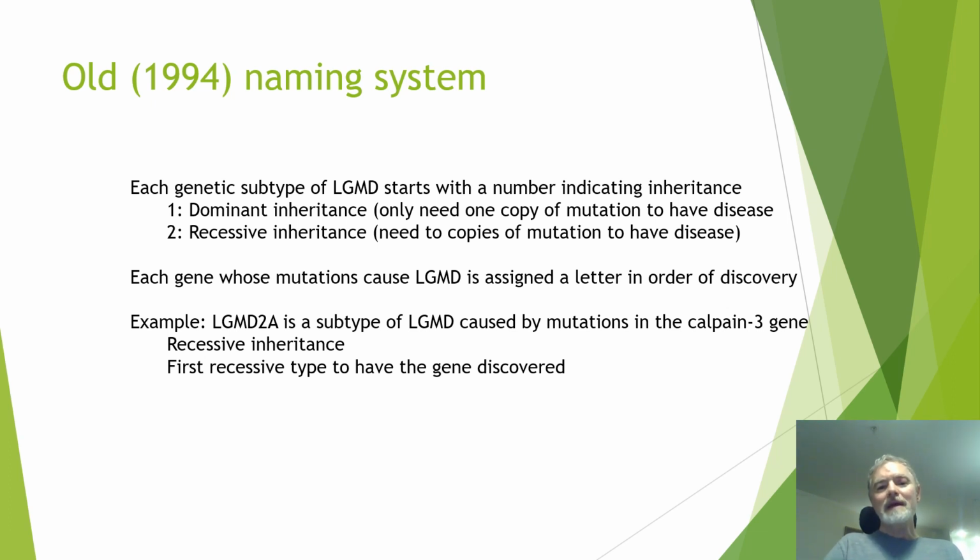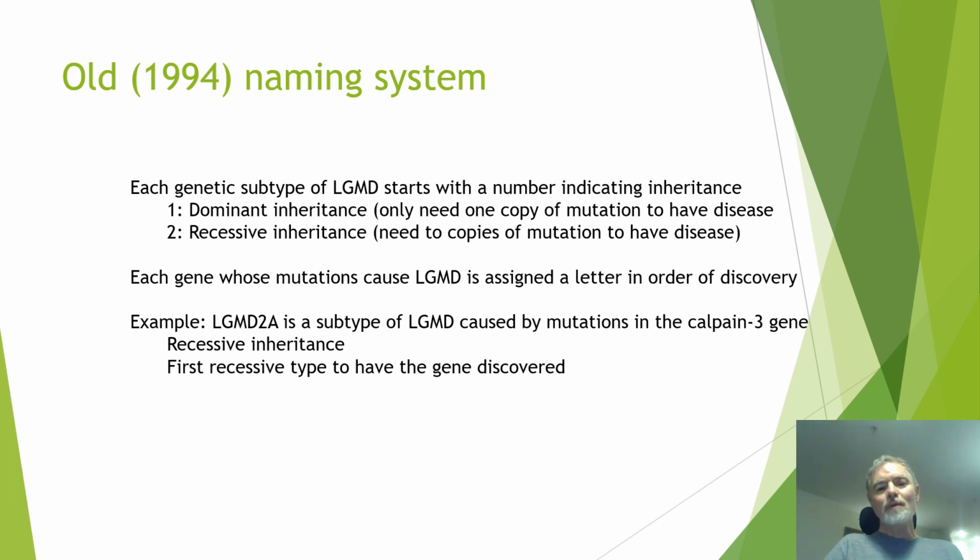There was a meeting sponsored by the European Neuromuscular Center, ENMC, which arrived at a naming convention, i.e. nomenclature for LGMDs. And so what that said was that each genetic subtype of LGMD would have a letter and a number.